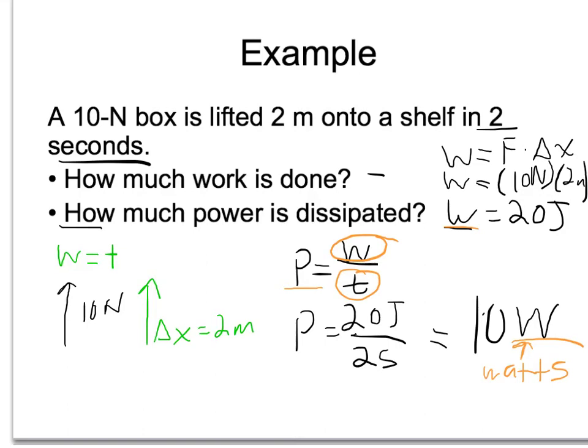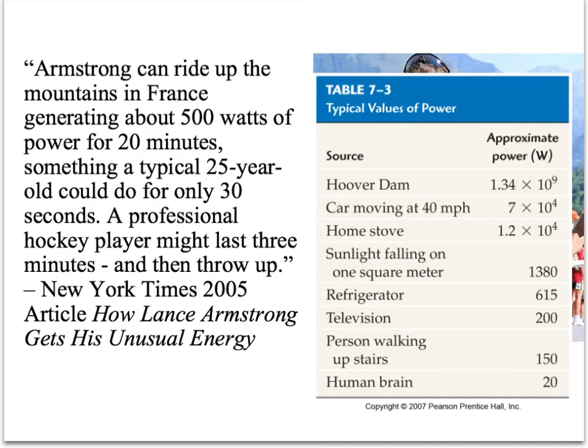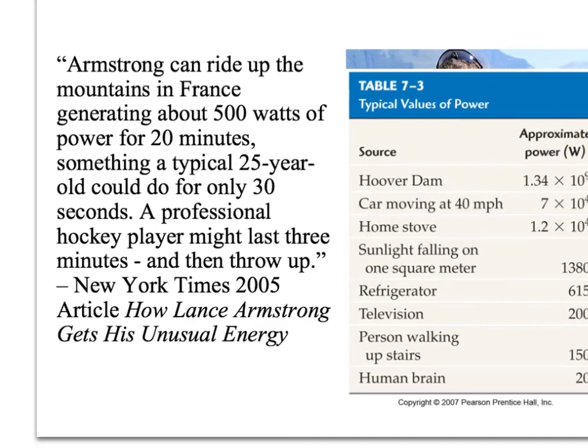And that's it. Last thing I want to leave you with in this first video, a quote from a New York Times article, which actually might mean something different now that Lance Armstrong has been implicated in doping. But Armstrong can ride up the mountains in France, generating about 500 watts of power for 20 minutes.